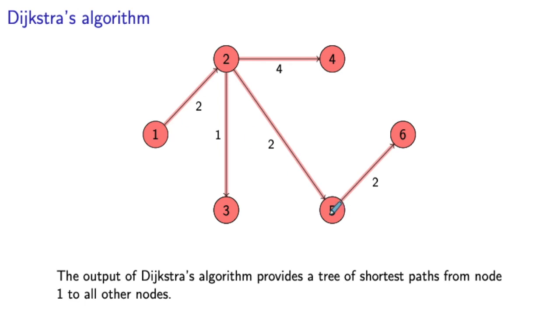And this way we can determine an optimal path from 1 to all the remaining nodes in the network.